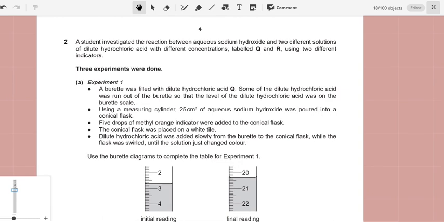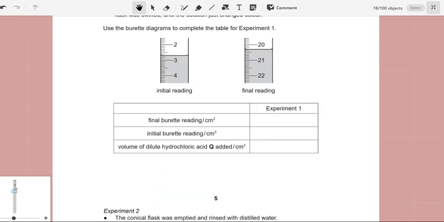Now here is question number 2. A student investigated the reaction between aqueous sodium hydroxide and two different solutions of dilute hydrochloric acid with different concentrations, labeled Q and R, using two different indicators. So here are the three experiments. In the first experiment, use the burette diagram to complete the table for experiment 1.